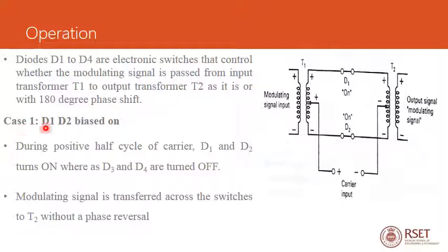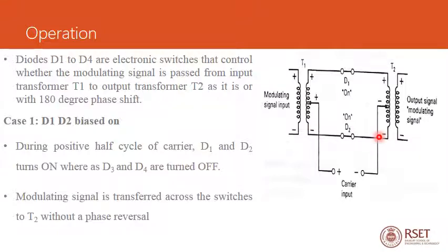To understand the working principle of this balanced ring modulator, we have to consider two different cases. Case 1, D1 and D2 biased on. With the carrier polarity as shown in the figure, here it is positive and here negative, so in the secondary windings here it becomes plus and here it is minus.